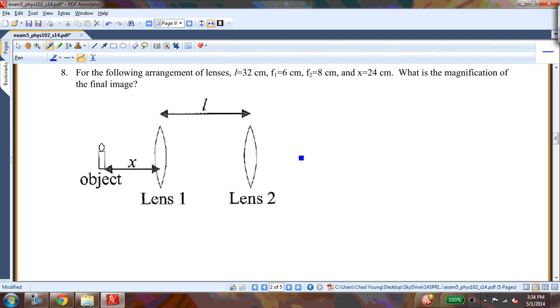Okay, here's a 2-lens system. I have L equal 32, F1 equals 6, F2 equals 8. And this distance, P1, I'll call it, is equal to 24 centimeters. And I want to know the magnification. So first, I take the first system. I want to find Q1.